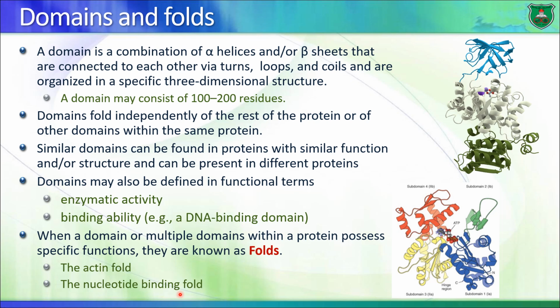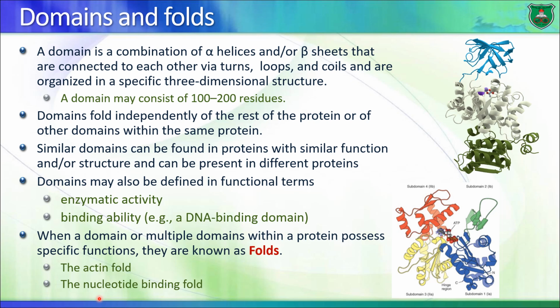So basically, this is a specified three-dimensional structure that is present in different proteins. And these proteins, even though overall they have different functions, they have this domain, and this domain has a similar purpose or similar function, like the nucleotide binding fold.